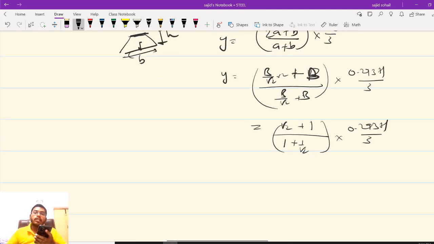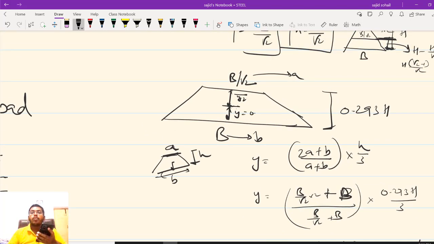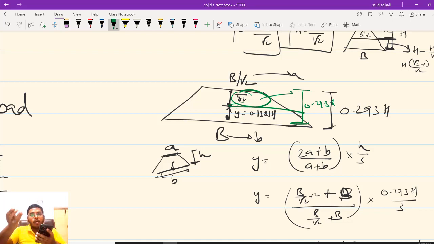So what is your y value? Your y value is 0.1381h. So I know this is 0.1381h. What will be this distance? Very simple. This overall height is 0.293h and the bottom height is 0.138h. What will be the top height?